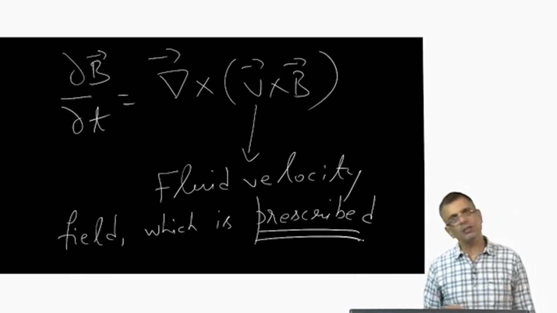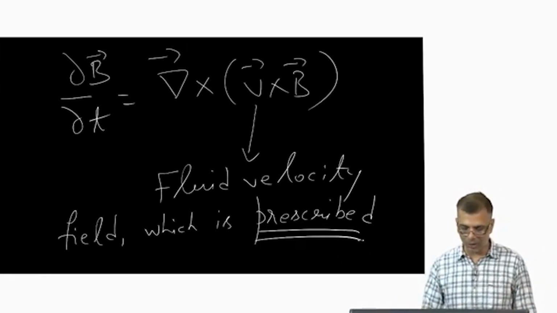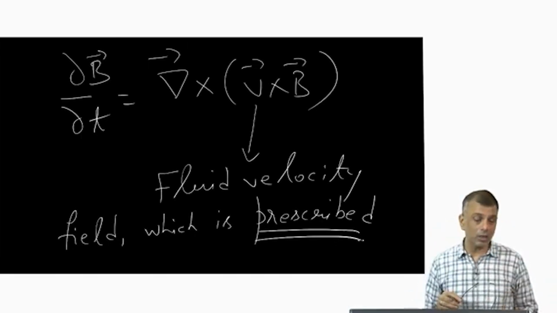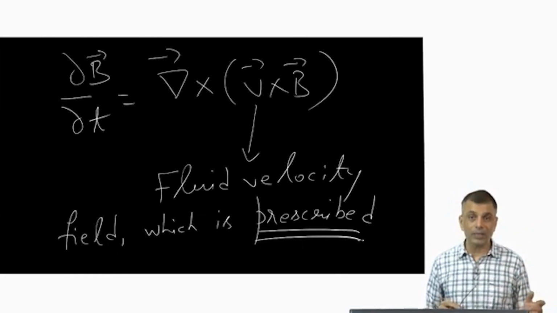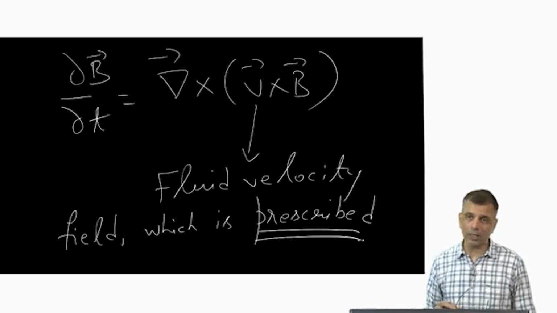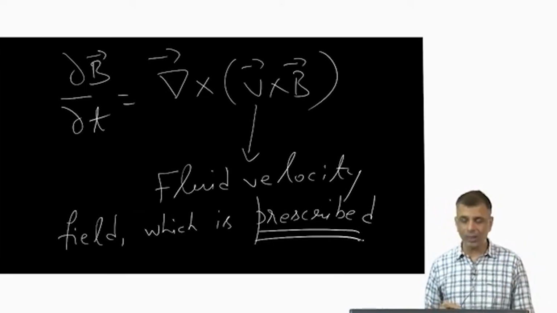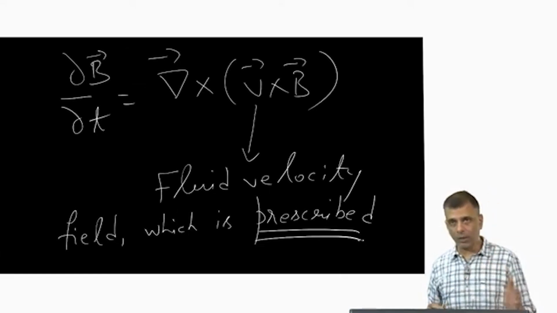V and B are the primary variables in MHD, as we have repeatedly emphasized. For instance, the current density J does not really have an independent place in MHD, so to speak. It's simply a derived quantity, taken to be a shorthand for curl of B. V and B are the primary quantities.